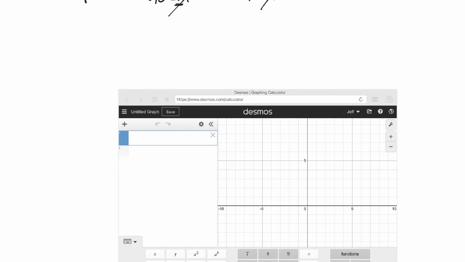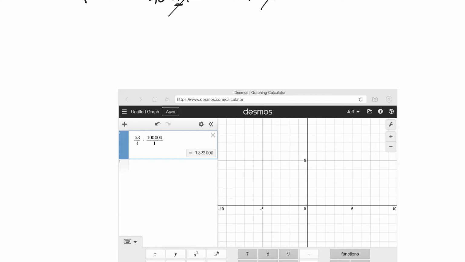So it's 53 over 40, times 100,000, divided by 1, which you don't really have to put in there.